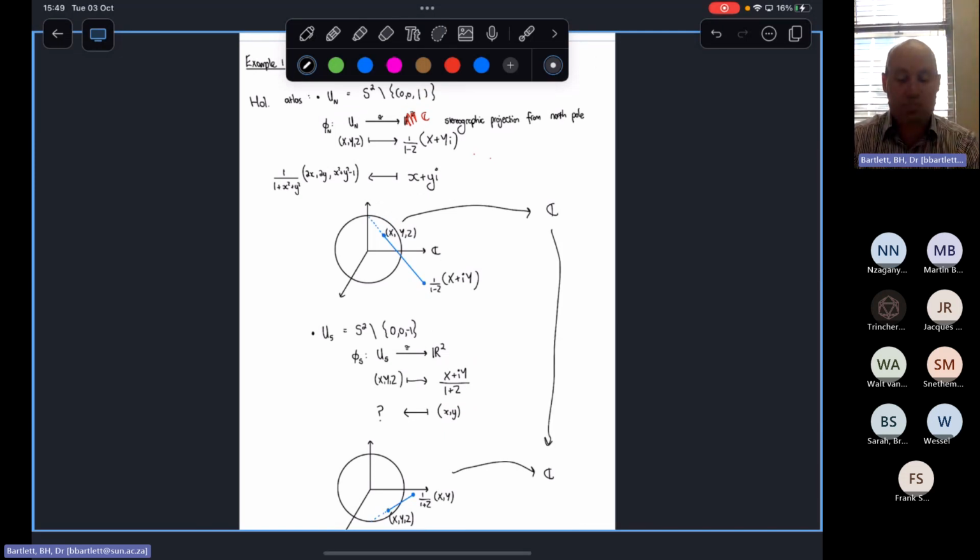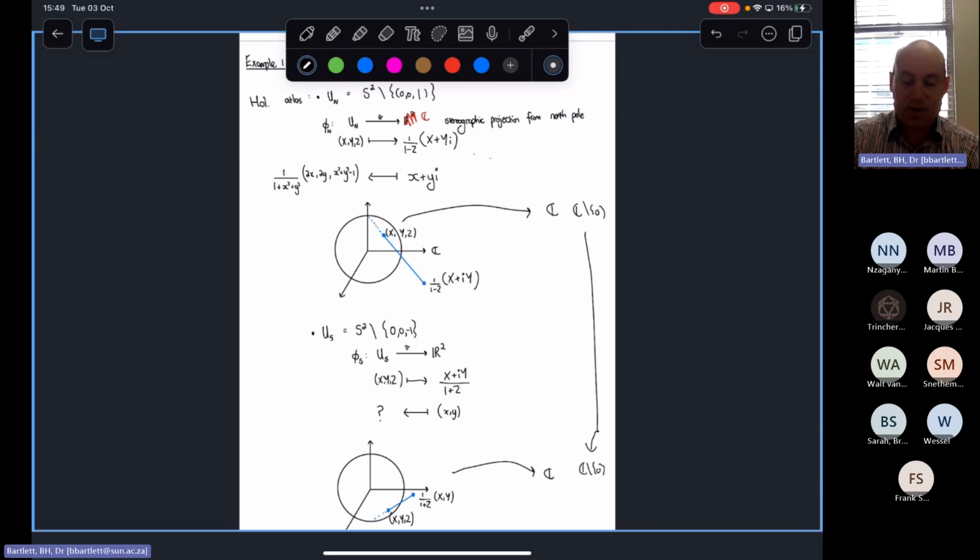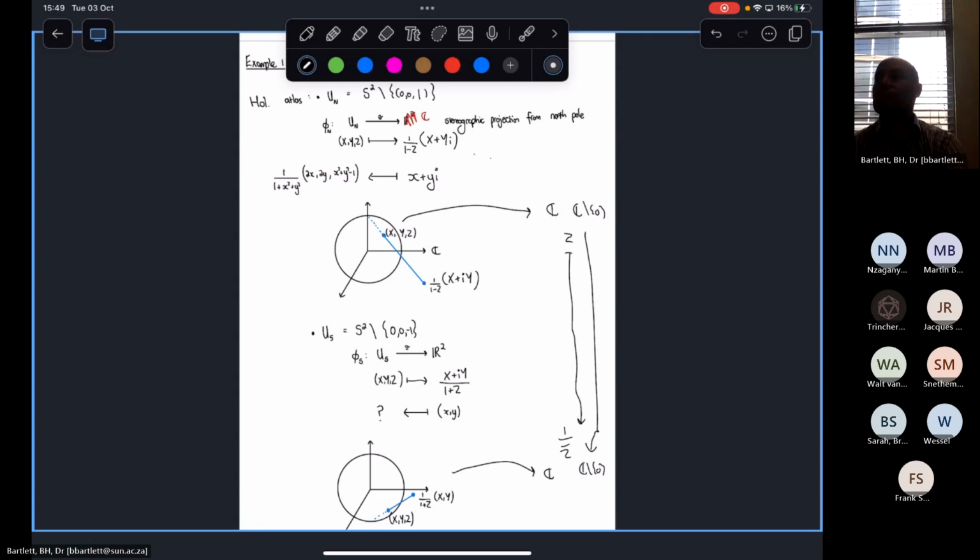And I'm going to get a resultant map from C minus the origin to C minus the origin. And if you compute that map, it's actually going to send z to 1 over z bar. And that's a problem because that's not a holomorphic map.